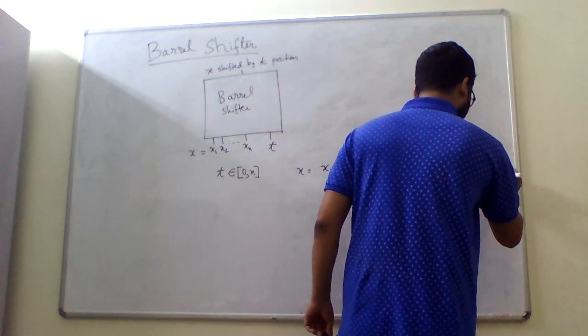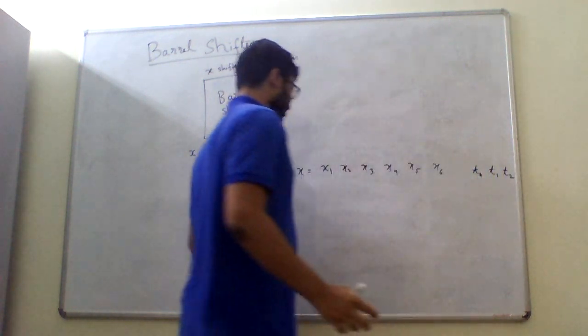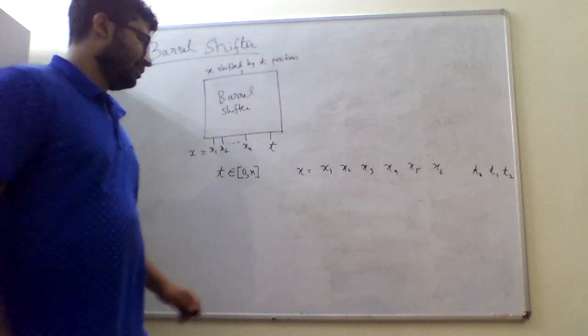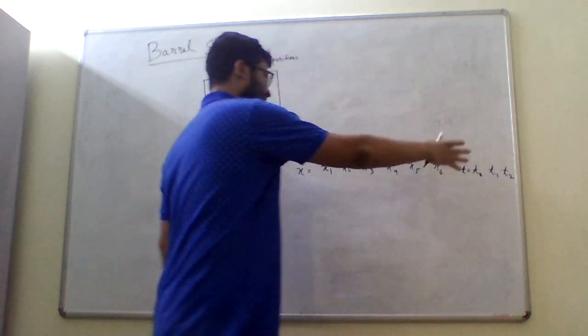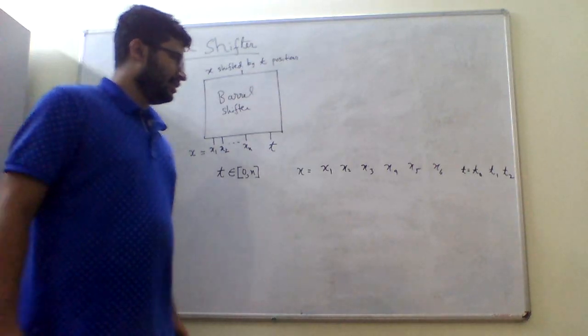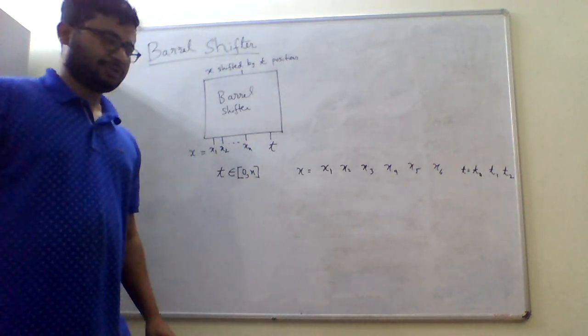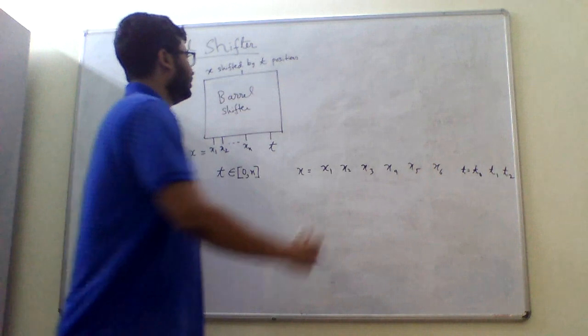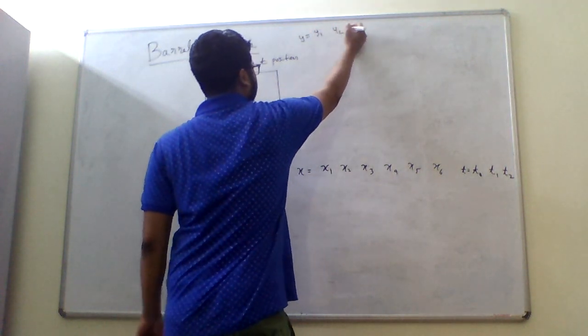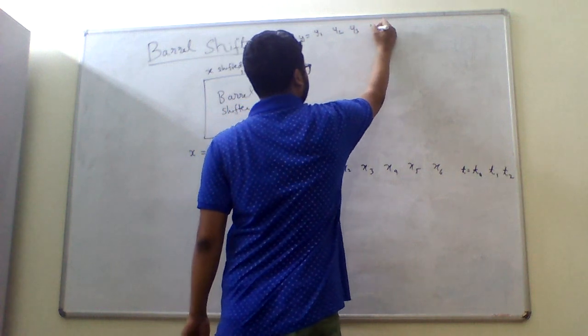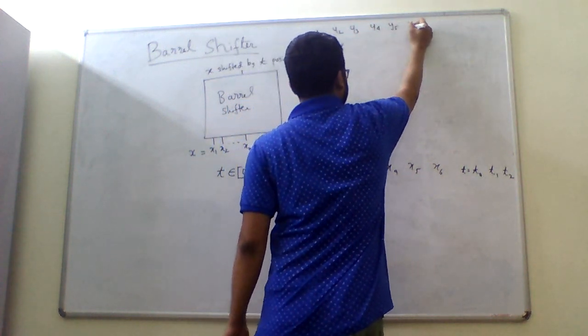So our circuit has these 9 inputs, and y is y1, y2, y3, y4, y5, y6.